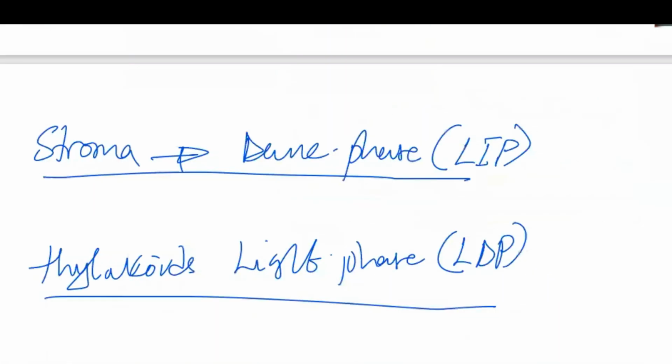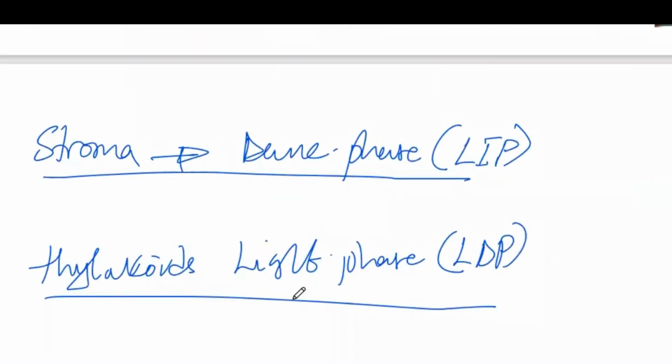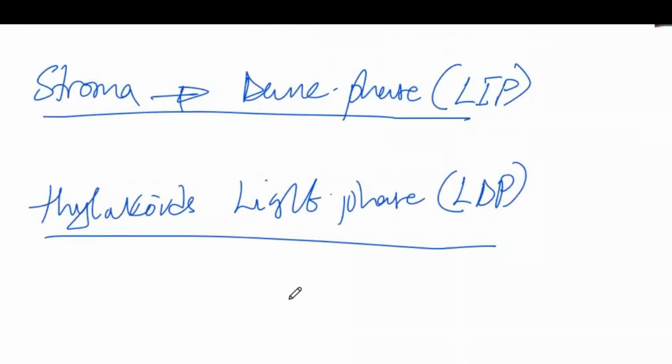So what happens is, when this dark phase and light phase are complete, you will have what you call carbohydrate. But carbohydrate does not just come like that.